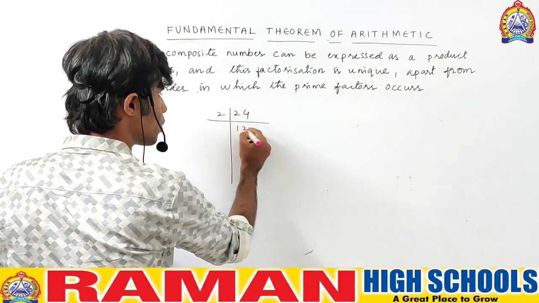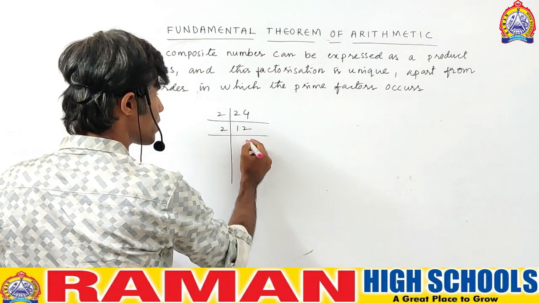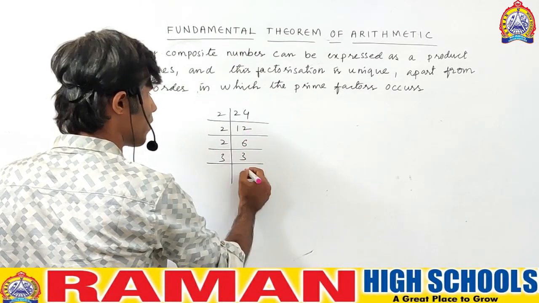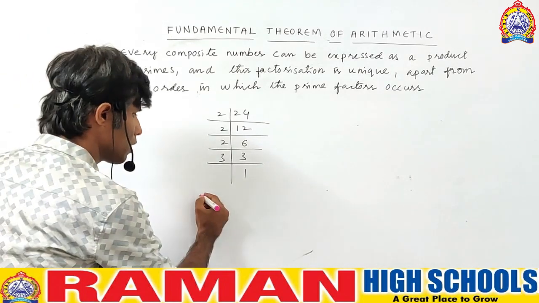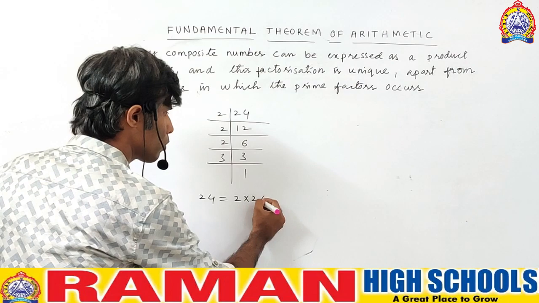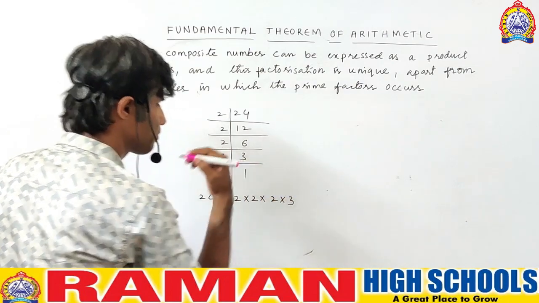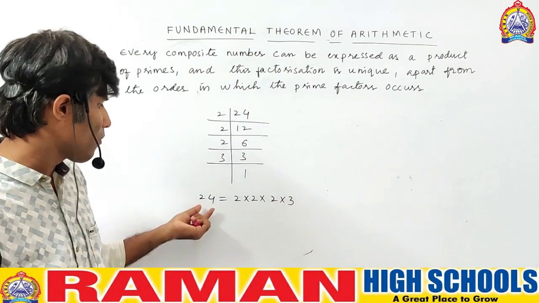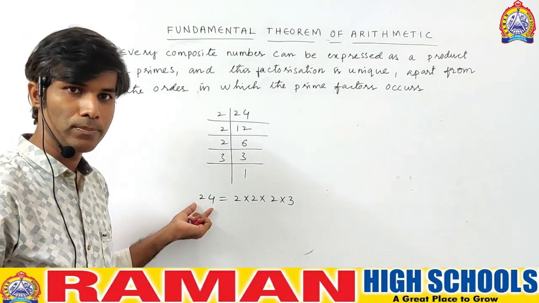Here 2 sixes are 12, 2 sixes are 12, 2 threes are 6, 3 ones are 3. Therefore, the prime factorization of 24 is 2 into 2 into 2 into 3. Here 2 into 2 into 2 into 3 is the prime factorization of 24.